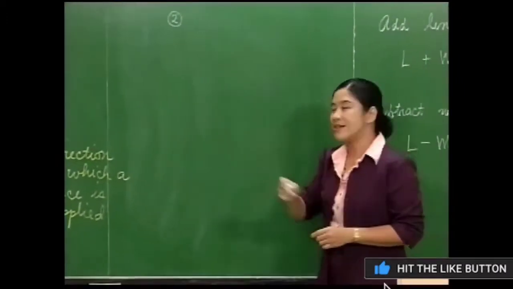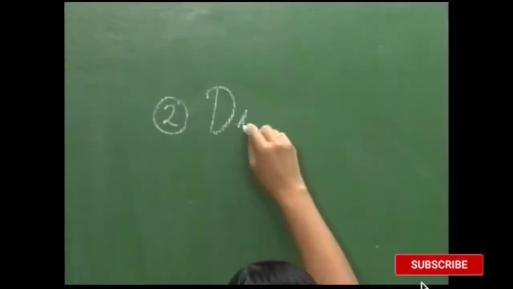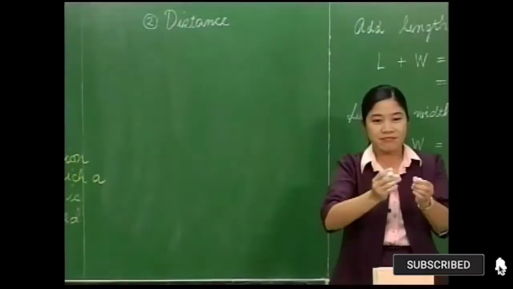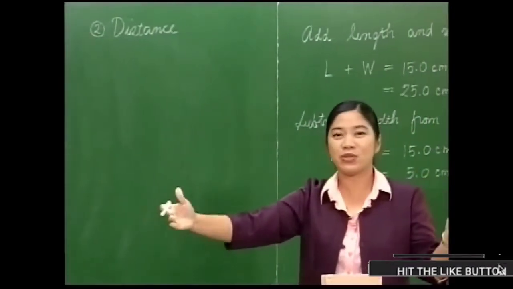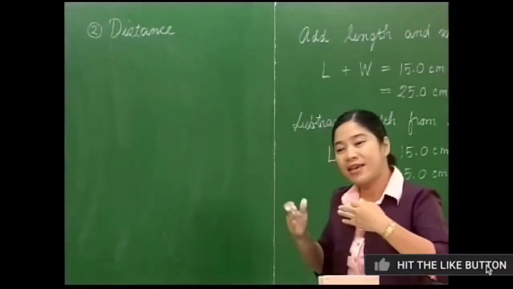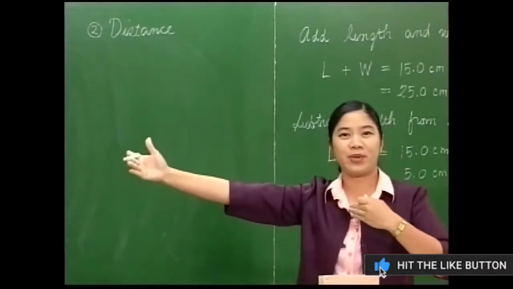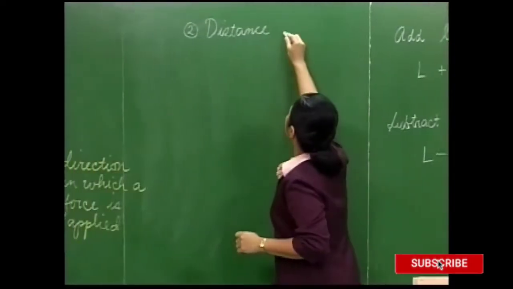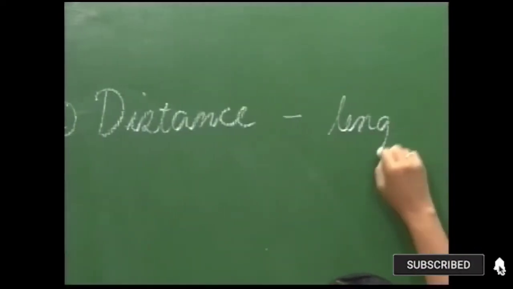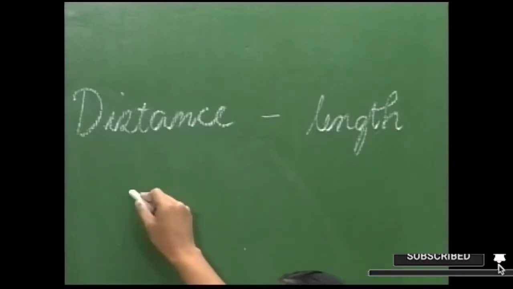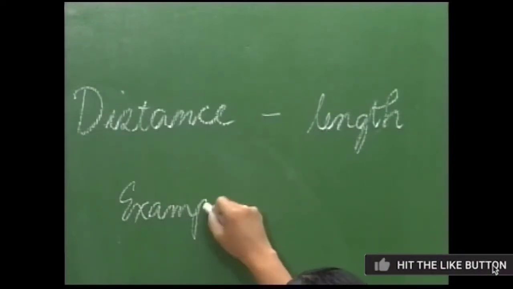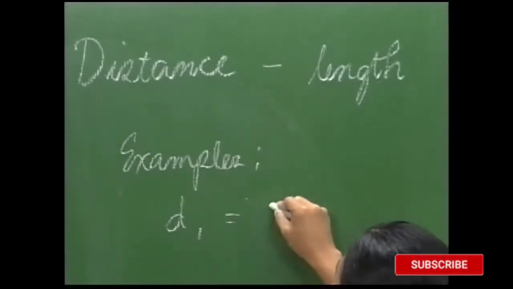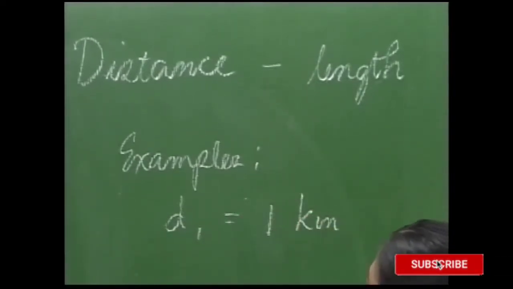Let's look at distance, which means simply a length. When you talk about how far is the wall from you, then you are talking about a distance. So this is just a length. You can measure it. Examples would be, you can have a distance of, say, 1 kilometer.